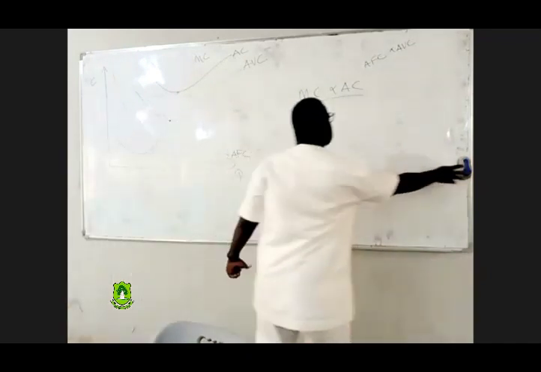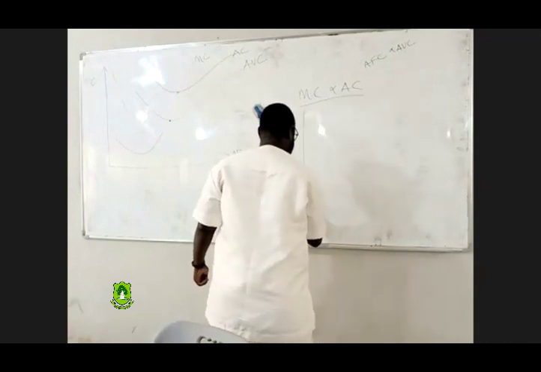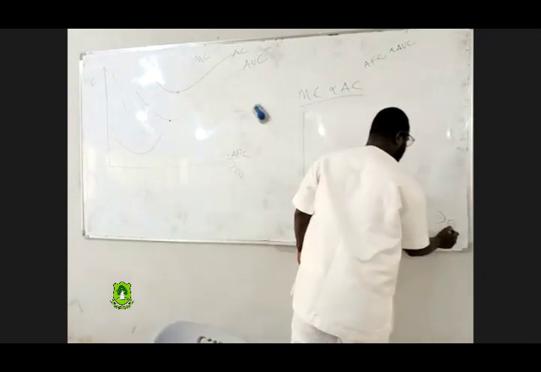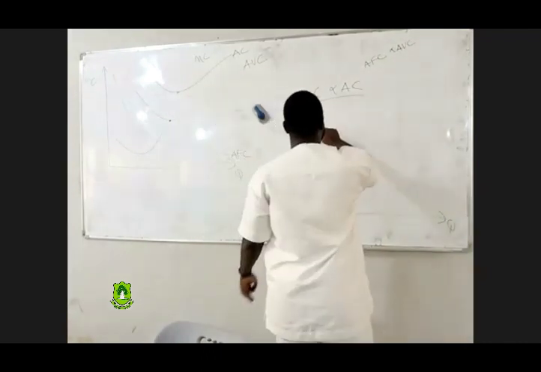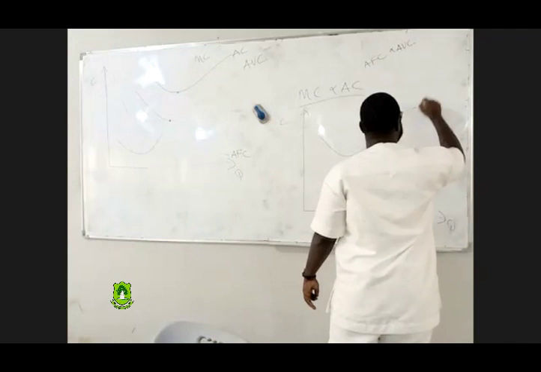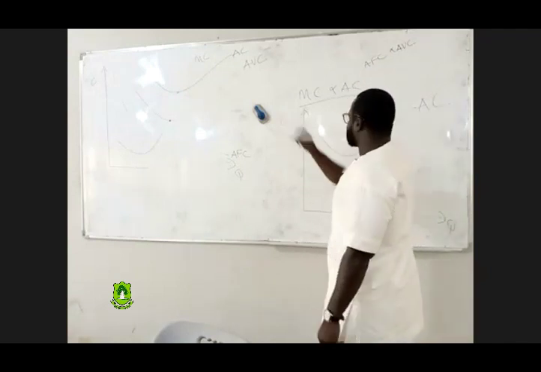Now, let's look at this. So I'm just going to remove, keep only the two cost curves. So I'm going to have what is here? Average cost. So where should marginal cost cut it?